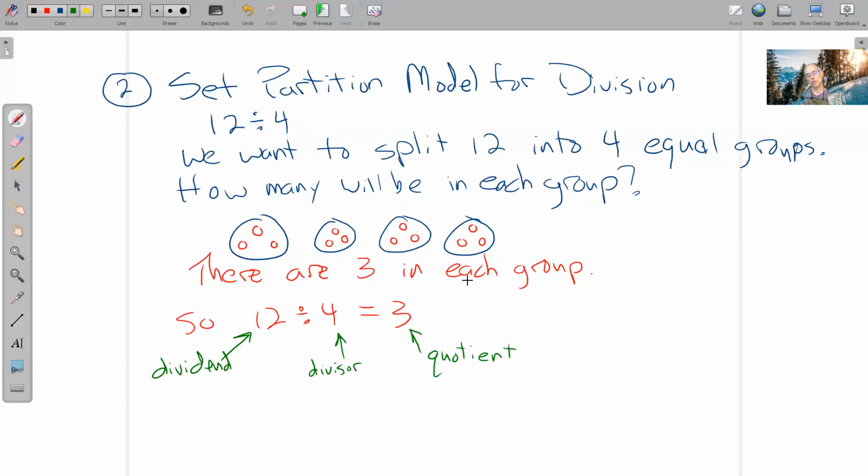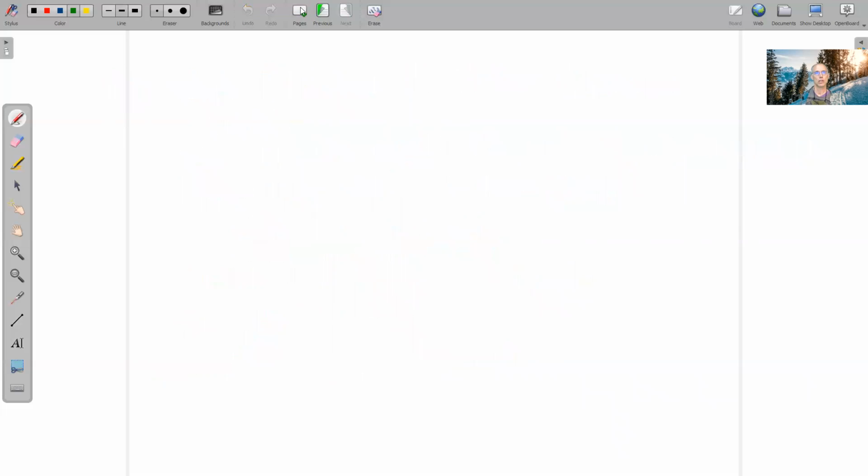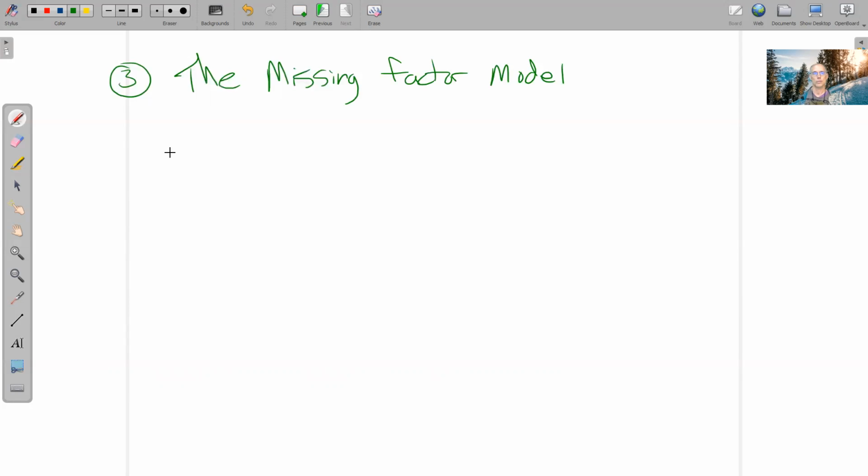All right, so we've got 2 very different models, possibly 3 so far. Here is another one. We'll call this model 3, the missing factor model. 12 divided by 4 equals what?